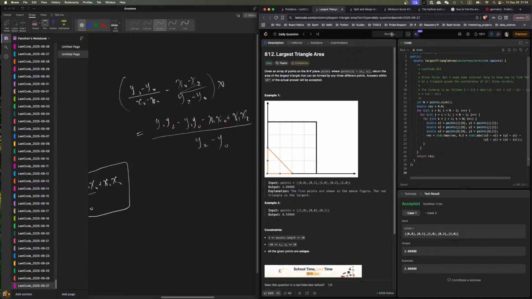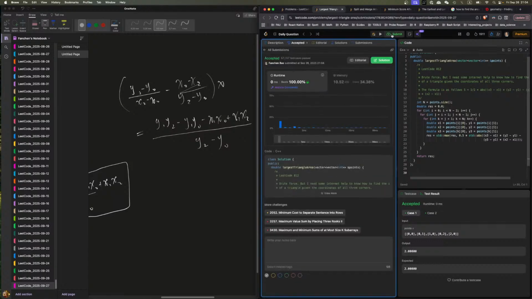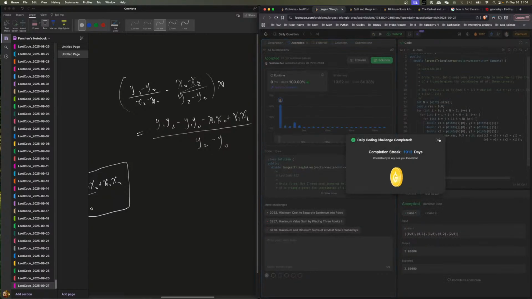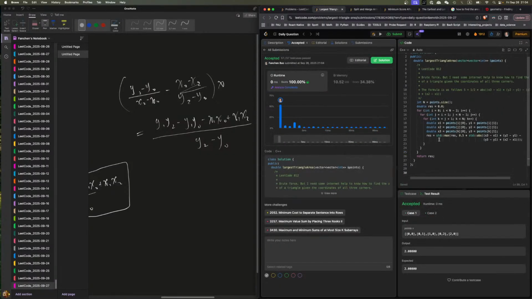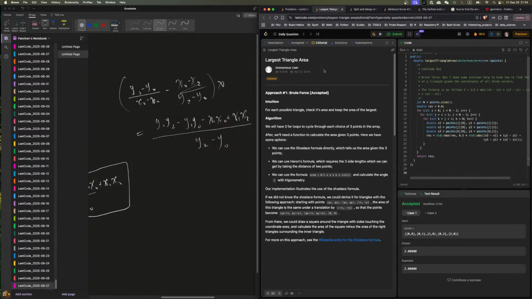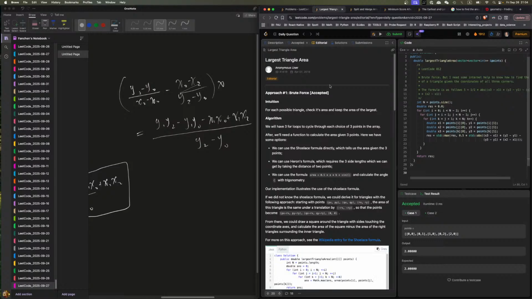Alright, let's see how slow it is. That's not slow at all because we have very little to go through. But brute force.